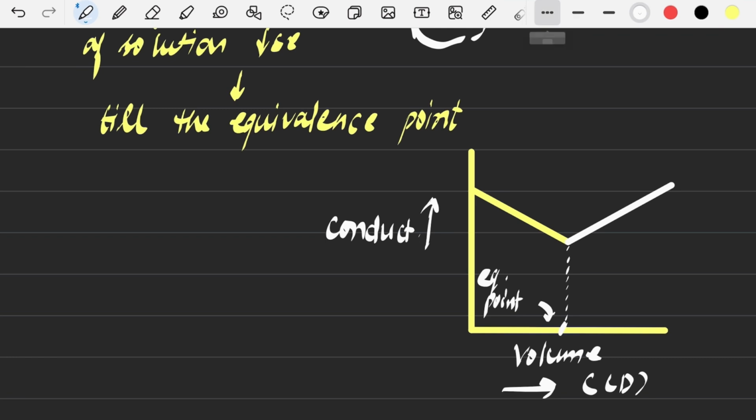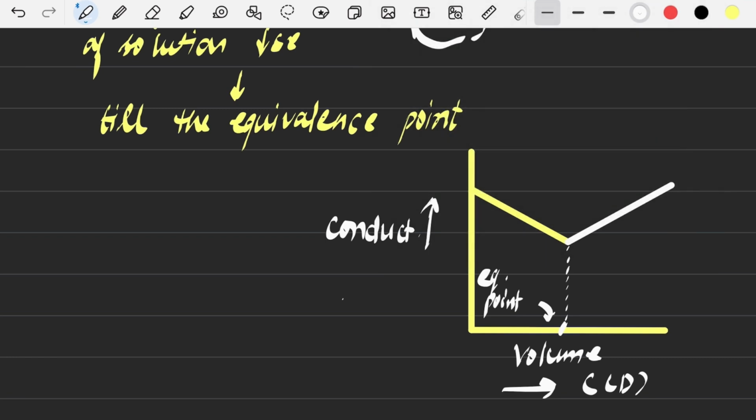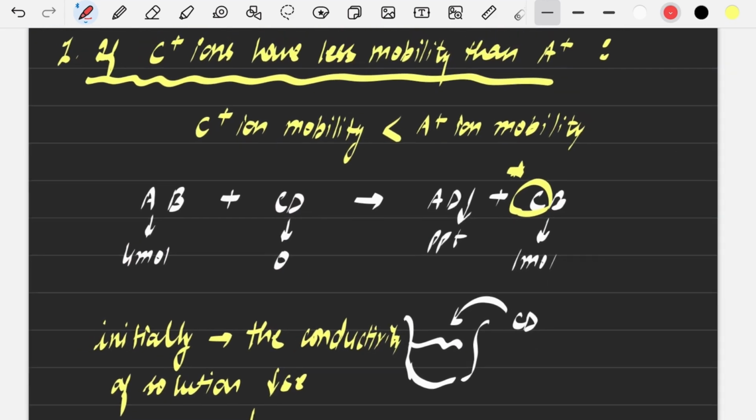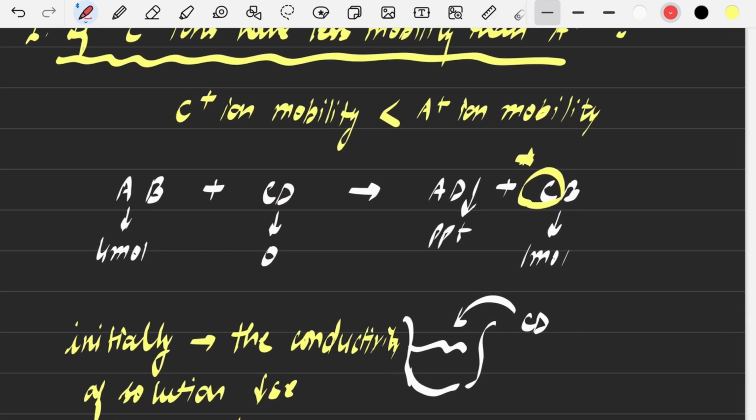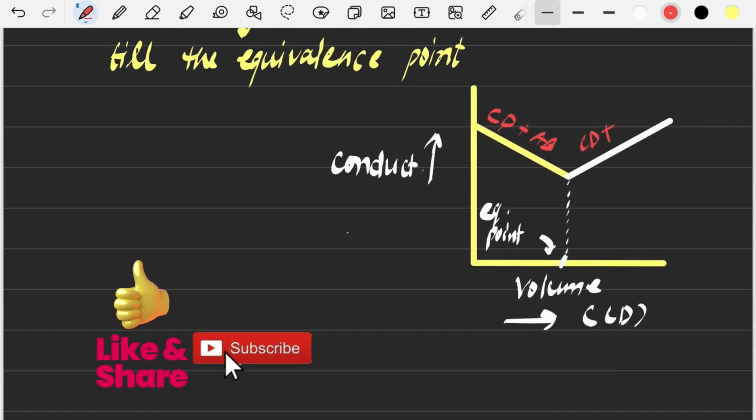This graphical representation will be for your CD plus AB initially. But now AB has been completely consumed, so AB has completely gone from the solution. So CD, sorry, instead of writing CD, I had to write CB.